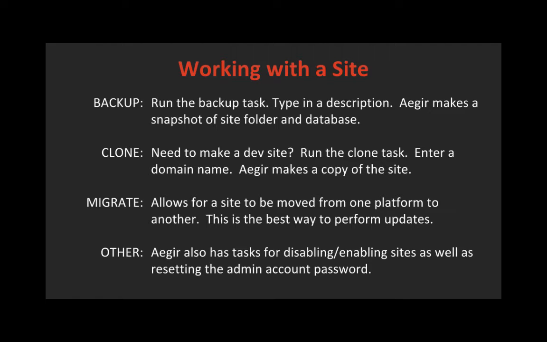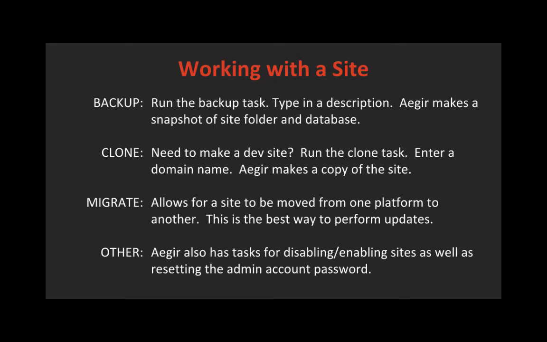There's a clone task where if you needed to do something like make a dev site, you just click the clone task, give it another host name, and it'll clone the whole thing for you. Migrate is kind of how Aegir recommends you do updates, which you're going to see here in the video.